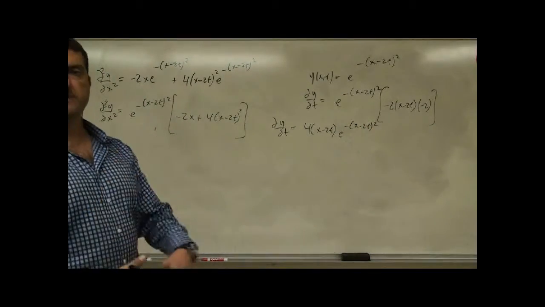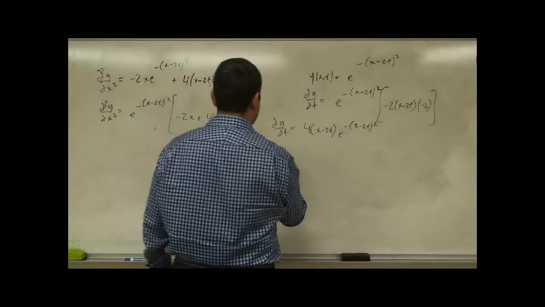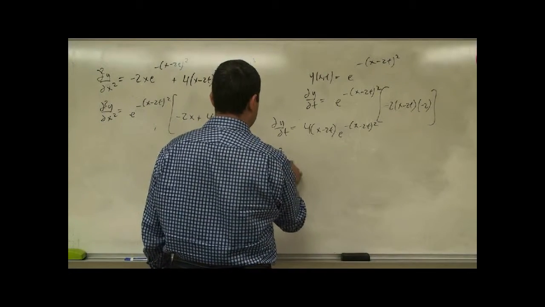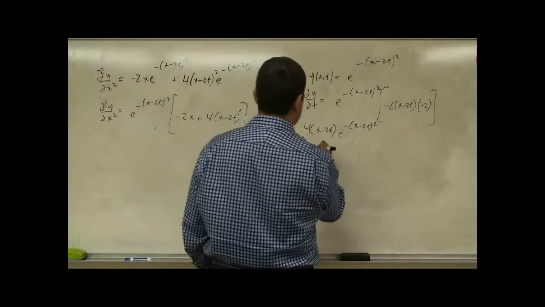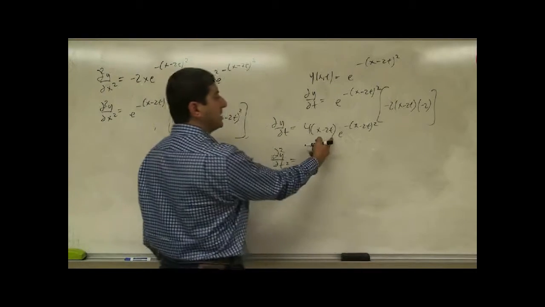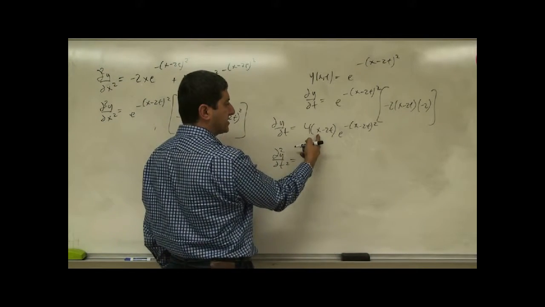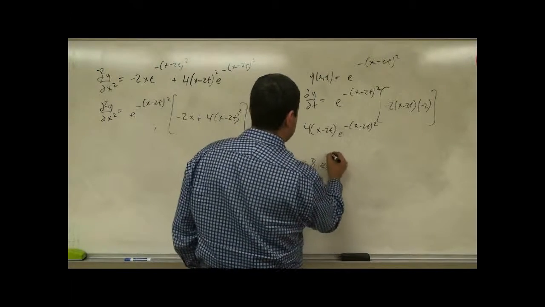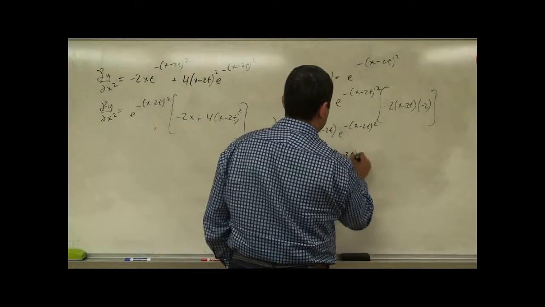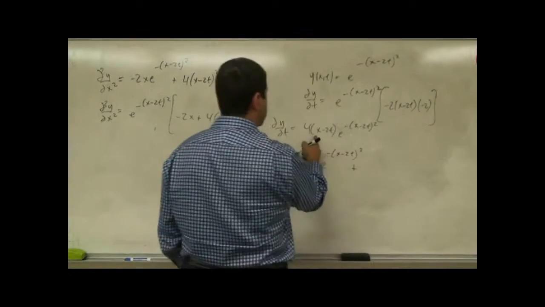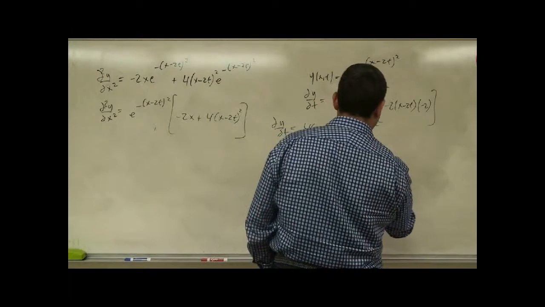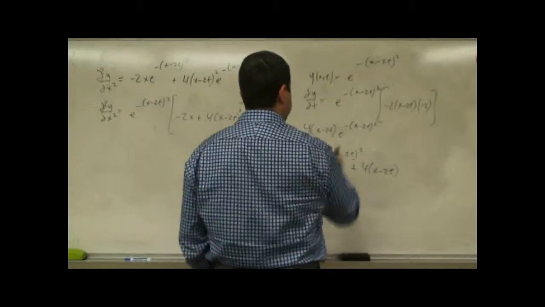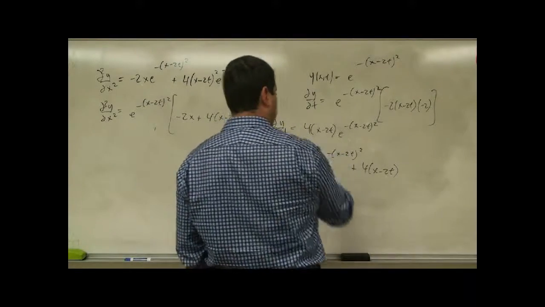Then we take the derivative of that again one more time, partial squared y, partial t squared, and that's going to be the derivative of this with respect to t, right? You keep the x constant, so you're going to get what? Negative 8 e to the minus (x minus 2t) quantity squared, plus this times the derivative of this thing, which is basically going to be itself again.